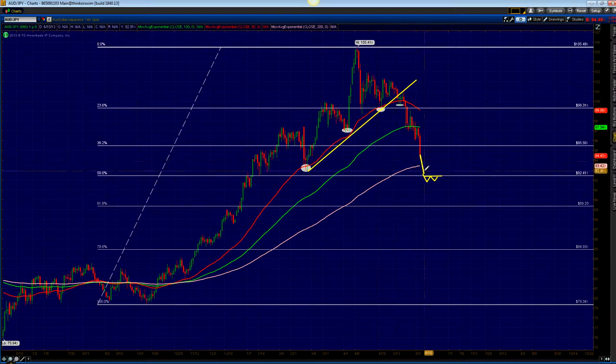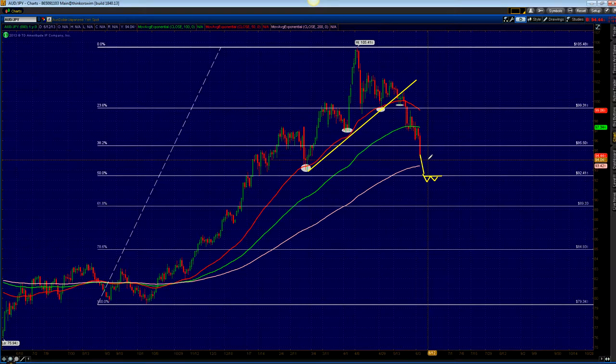So 93.42 is the first level, and then we have this 50% fib from the major rally from around 97.35 or so. That 50% fib comes at 92.41. So we do have a 100 pip range of support here. Obviously, I'm not going to just buy into a 100 pip range of support and hope for the best.